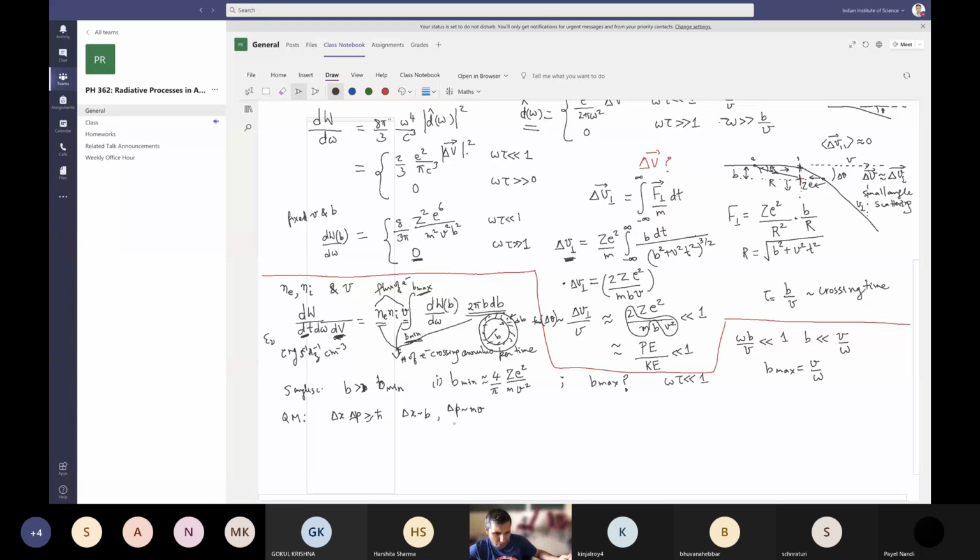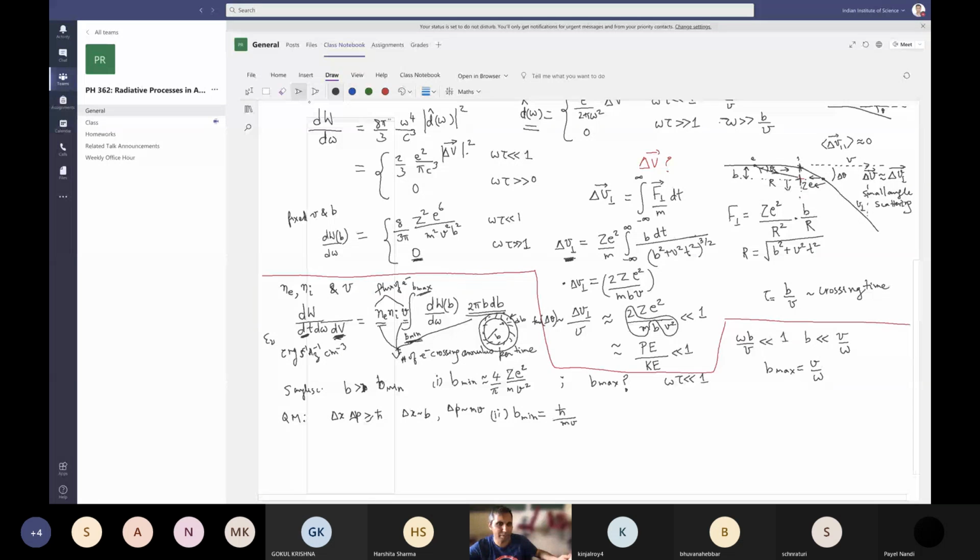But this is again an order of magnitude estimate, and the exact calculation can only be done quantum mechanically. If we use this, it gives you another B min, which is quantum mechanical. So B min is equal to h cross by delta p, which is mv.